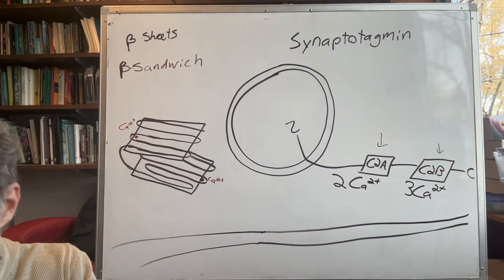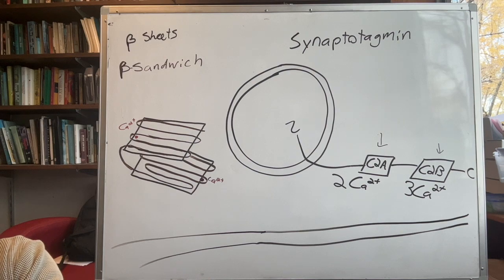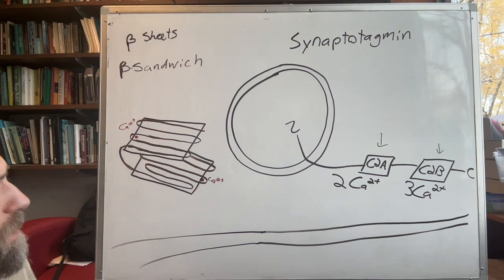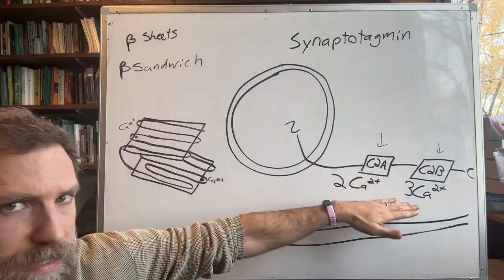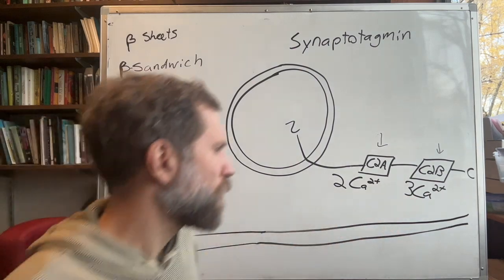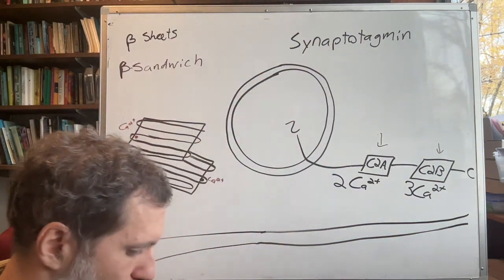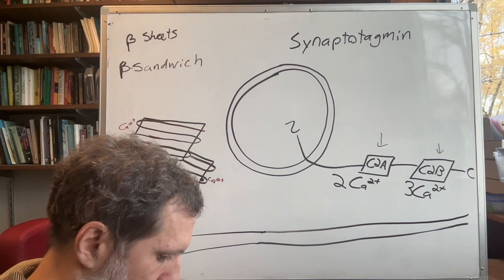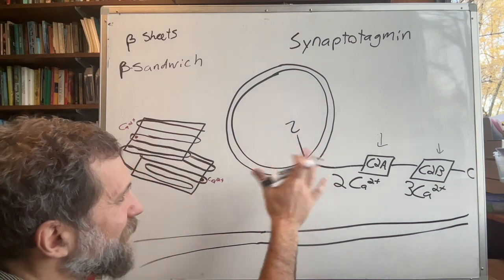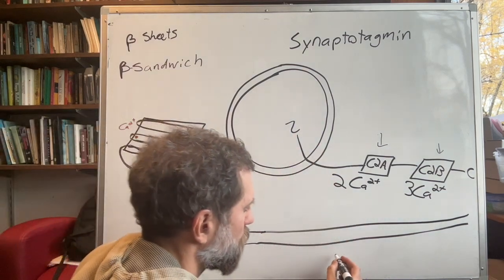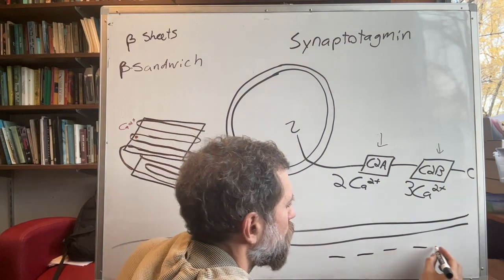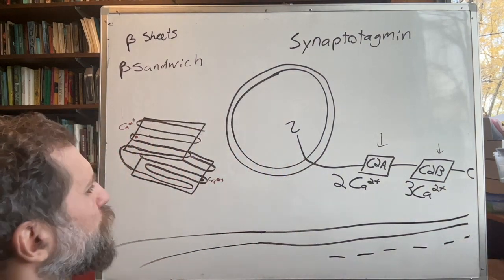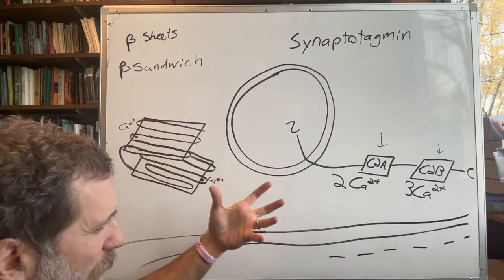Now, what's the functional significance of our synaptotagmin having all of this excess positive charge? Well, think about what's happening in the axon terminal when an action potential enters, right?